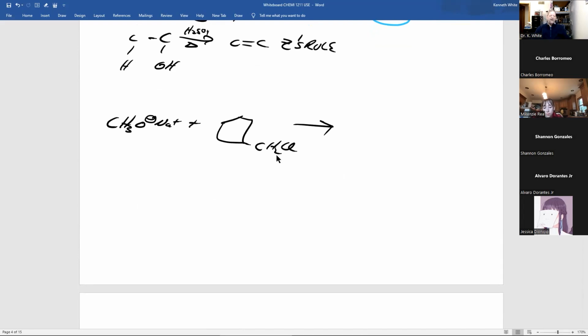And there you have R. Give the organic product or products for the following reaction.